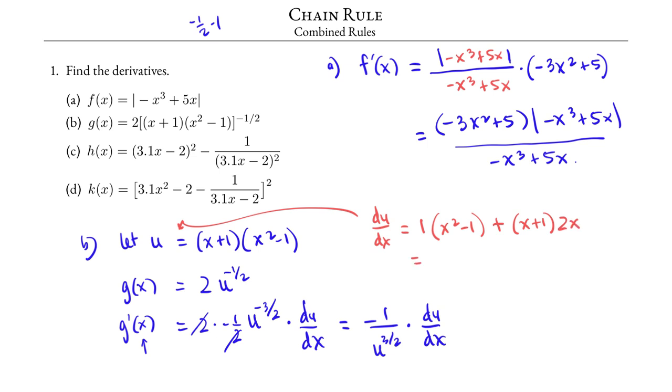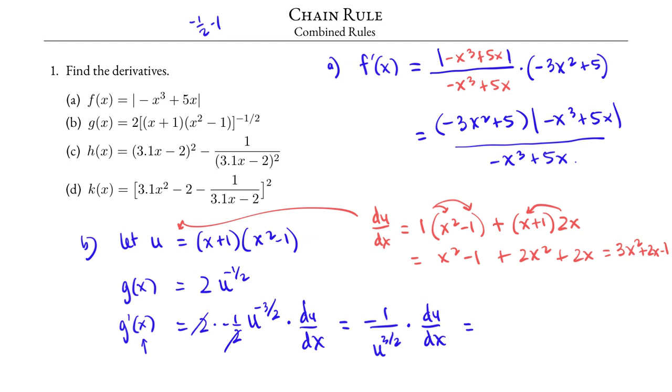Simplifying this, we have x squared minus 1, where we multiply 1 to x squared and to negative 1. And then we distribute 2x to get 2x squared plus 2x. This will give us 3x squared plus 2x minus 1. But this is du/dx.